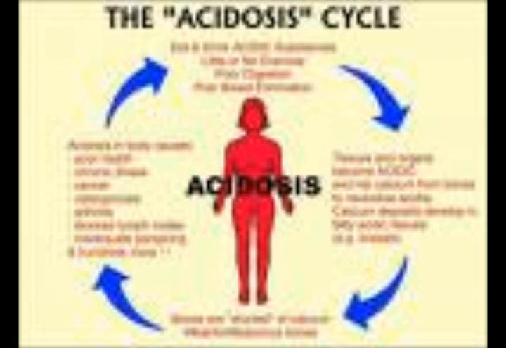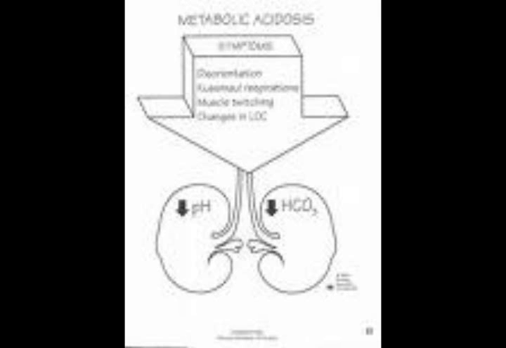Metabolic acidosis is characterized by decrease in pH, that is pH less than 7.35, and decrease in bicarb. Metabolic alkalosis is characterized by pH more than 7.45 and increase in bicarbonate concentration. So succinctly, those are the four important acid-base disorders.